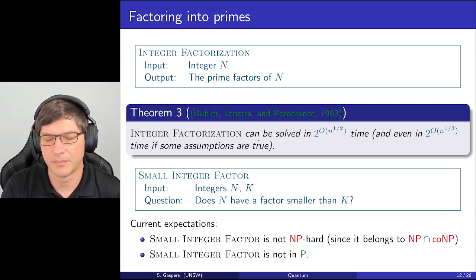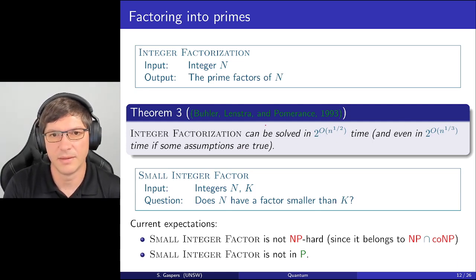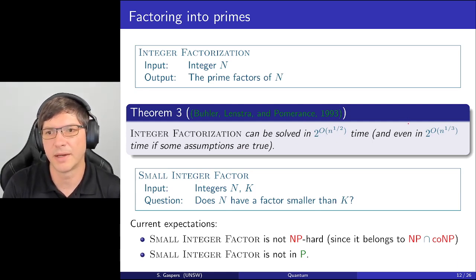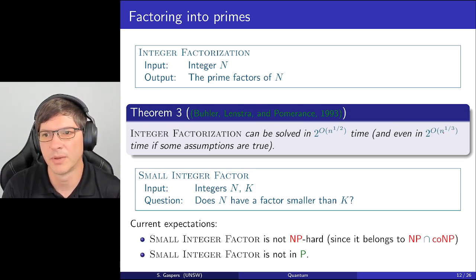And if some reasonable assumptions are true, then the algorithm by Buhler, Lenstra, and Pomerance actually runs in time 2 to the order cubic root of n.